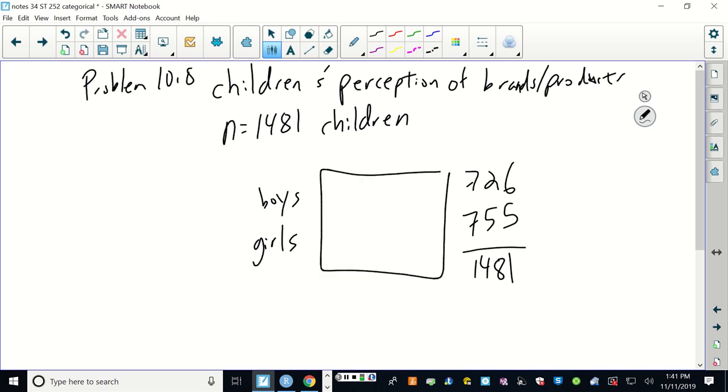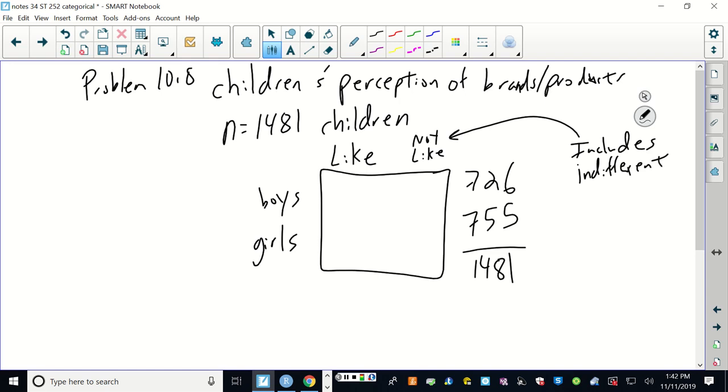I collapsed those into whether they liked it or not, and I included the indifferent ones in the not-like group, so I took the 5 categories and collapsed them into 2 to make a smaller table. On Wednesday, we'll look at what you would do with the entire table of all 5 categories. The type of things we're going to do today could be used there as well.